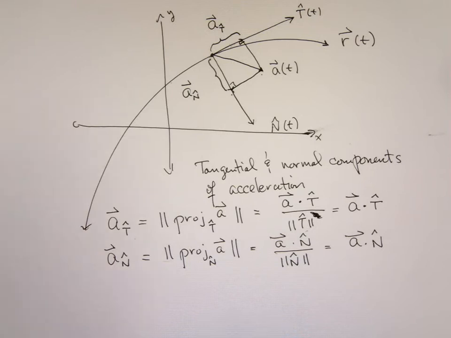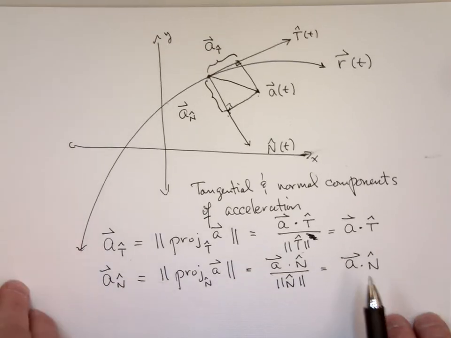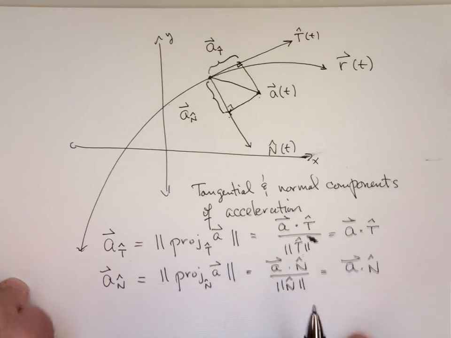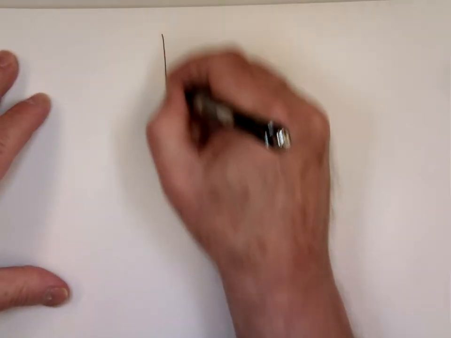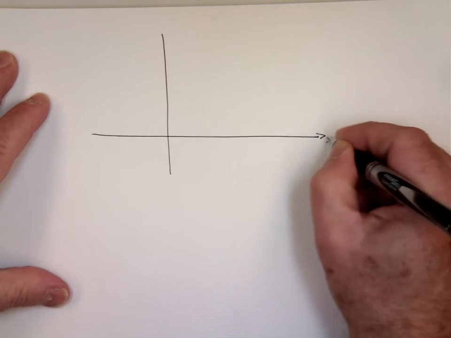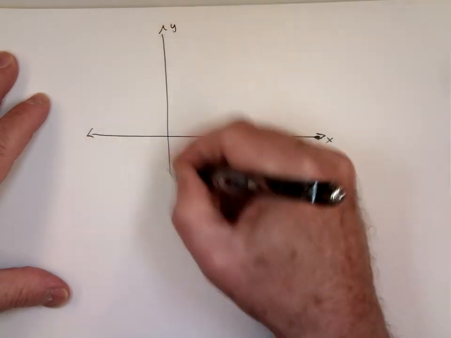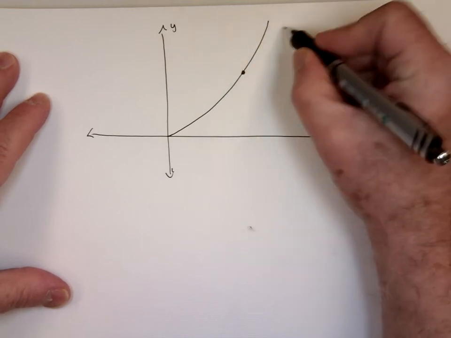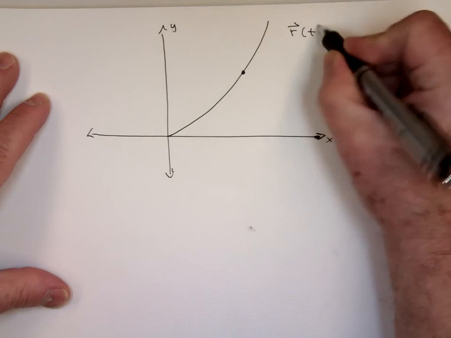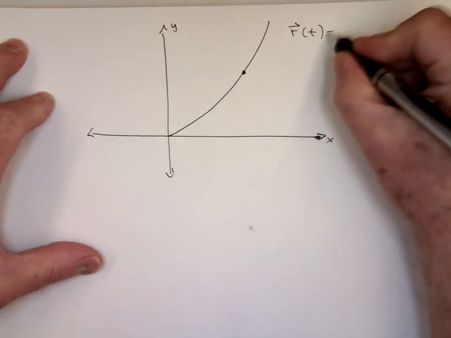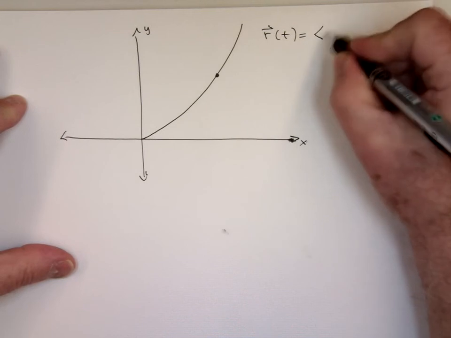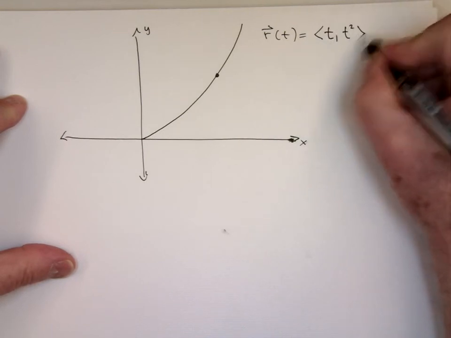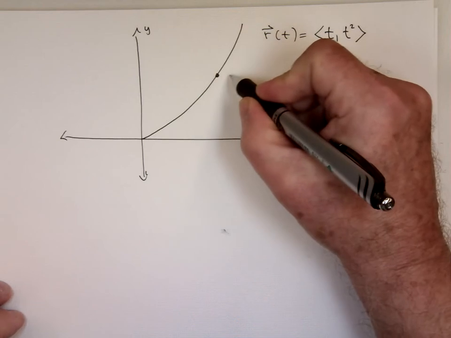Let's go back to the previous example. y equals x squared, and we're going to do this out. In our previous example, we have our point and our function, the point (1, 1).